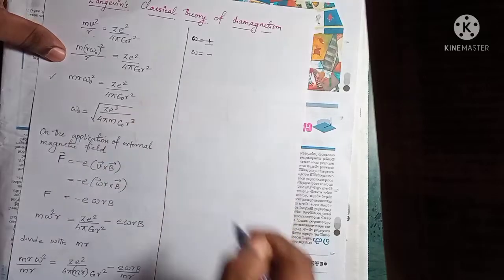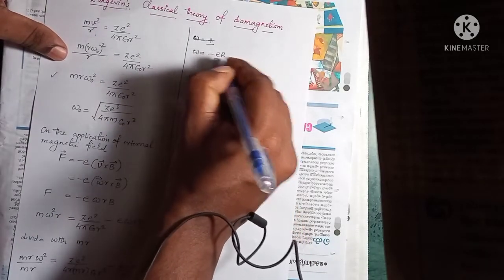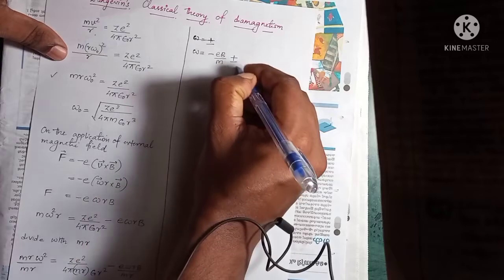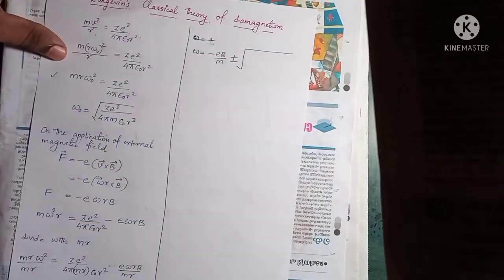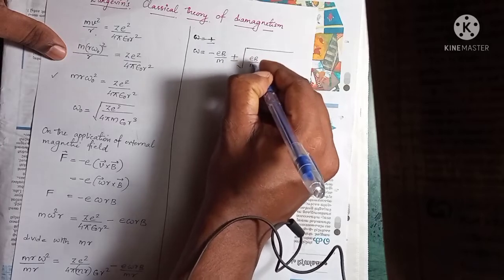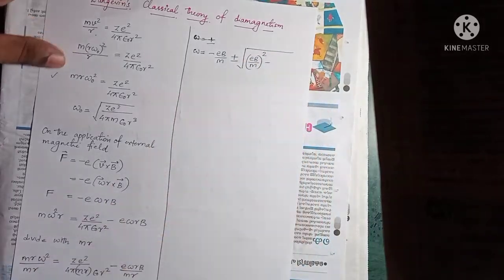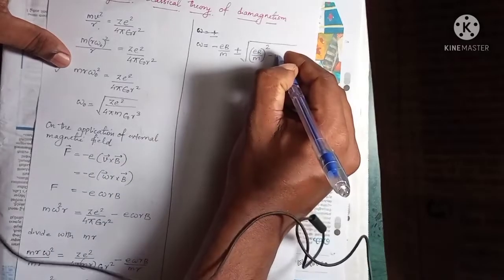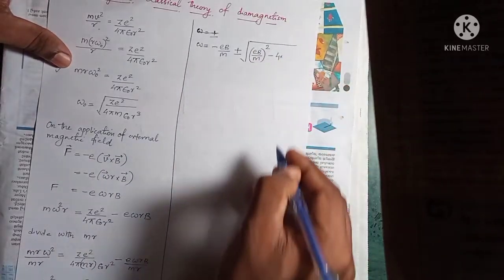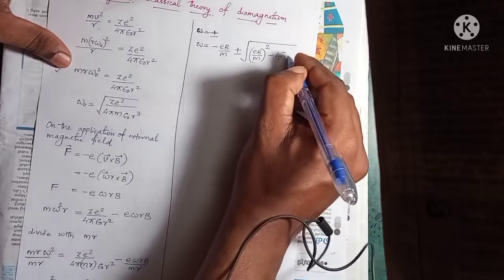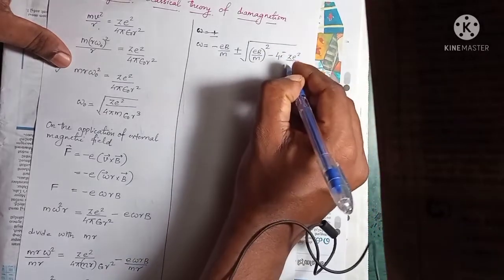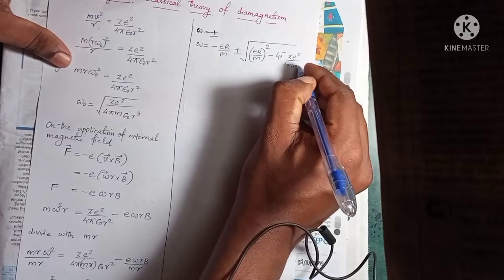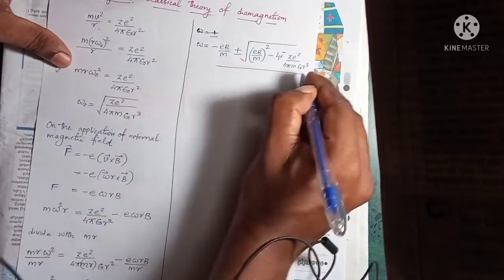Now we can obtain the value of omega using the standard formula minus b plus minus root under b square minus 4ac upon 2a. Omega equals minus eB by m plus minus root over eB by m whole square minus 4 times minus ze square upon 4 pi m epsilon 0 r cube, upon 2.